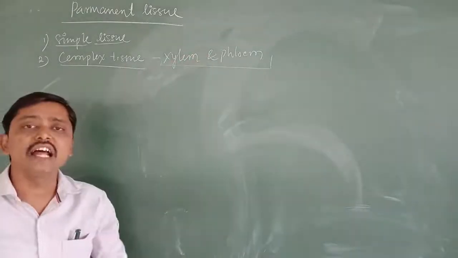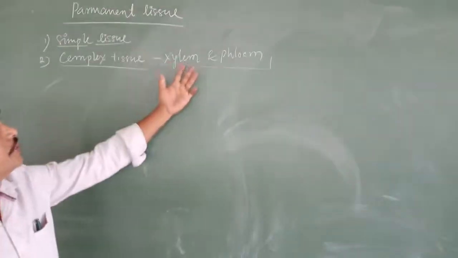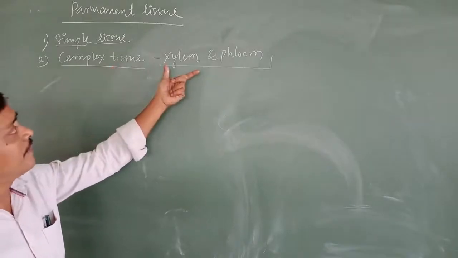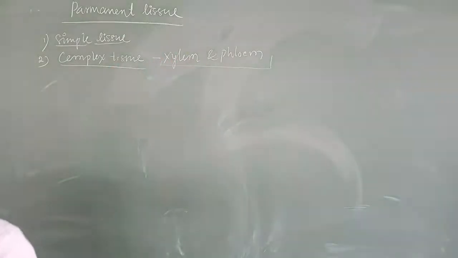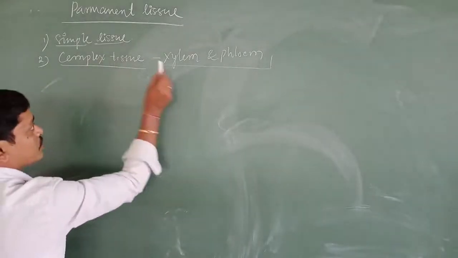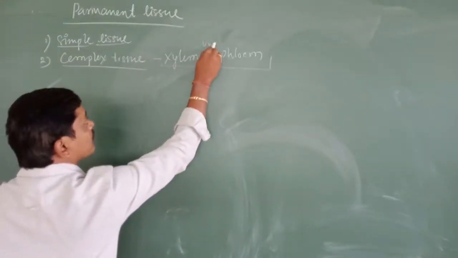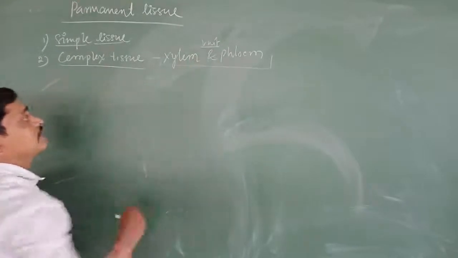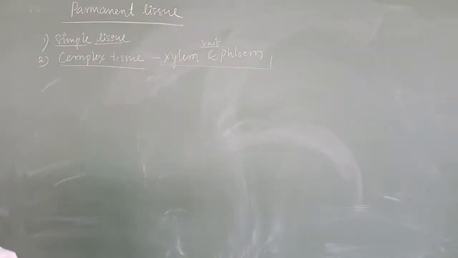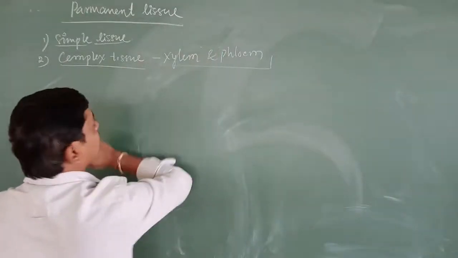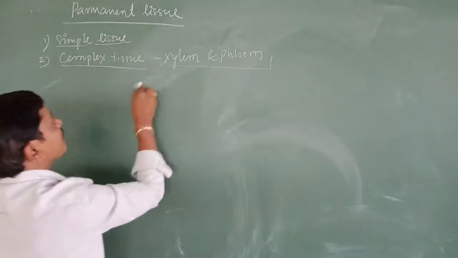This unit of a complex tissue has xylem and phloem. A complex tissue is made up of more than one type of cell.